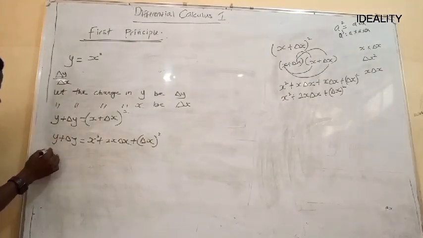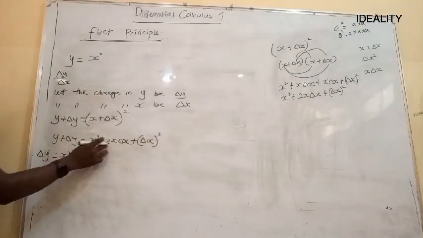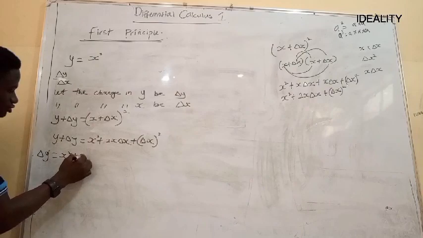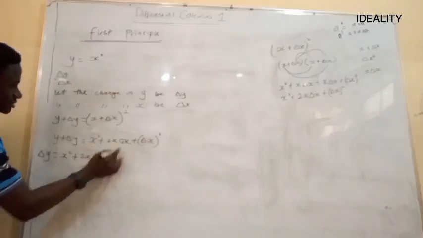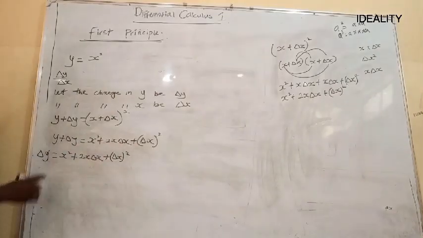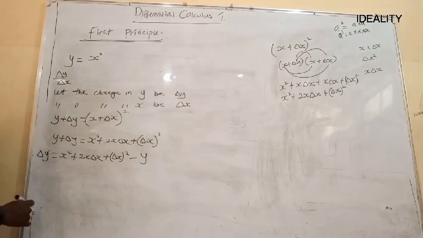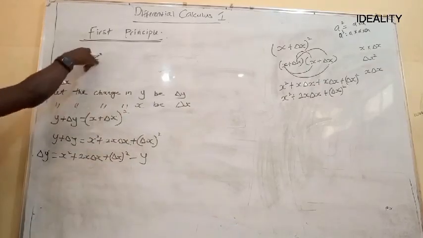So we will have theta y to be equals to x squared plus 2x theta x plus theta x squared, then minus what is my y? I know that my y is what? X squared.